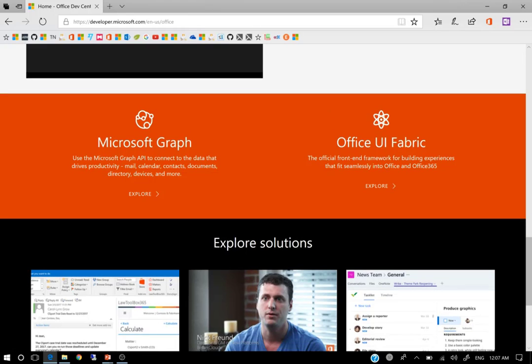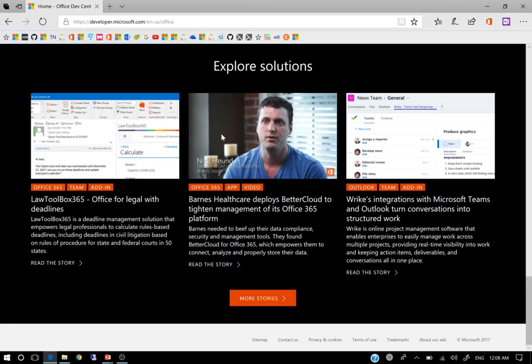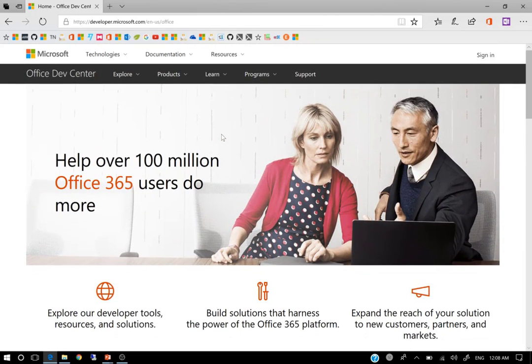The Microsoft Graph is one of the APIs for Office 365 which is picking up very well. It's a single unified API to develop for Office 365, and it's REST-based, so you can consume REST services very easily and process your information. There are some examples given here of how Office development has helped customers in varying sectors or verticals to build solutions.